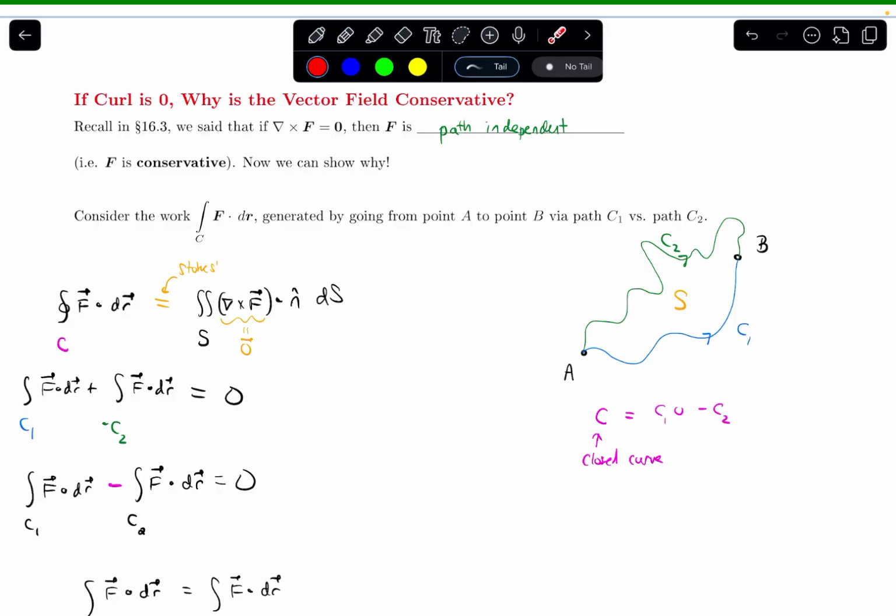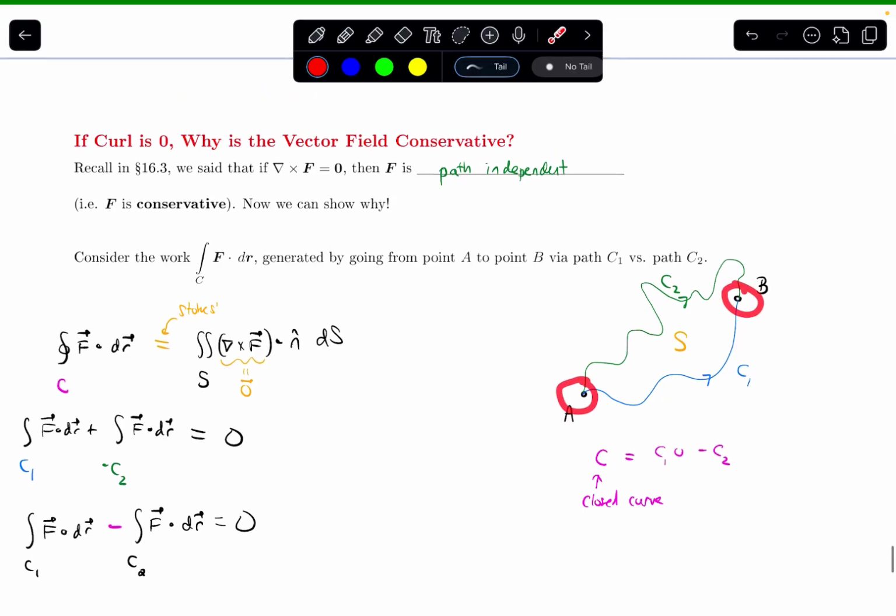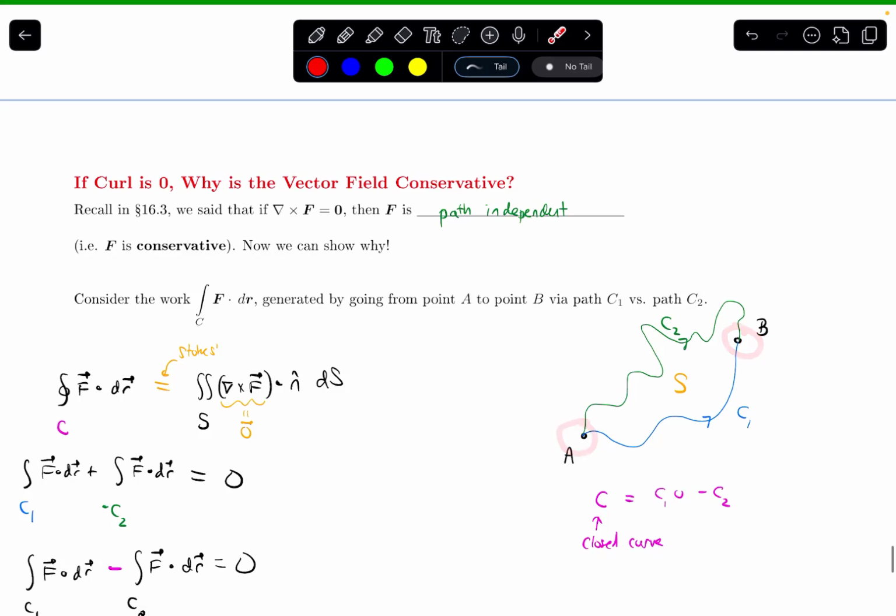And path independence would be telling us that the work done by this vector field on some particle that's moving along some path doesn't depend on the path. It just depends on the starting point and the ending point. One of the examples that we have of a path-independent vector field is gravity.